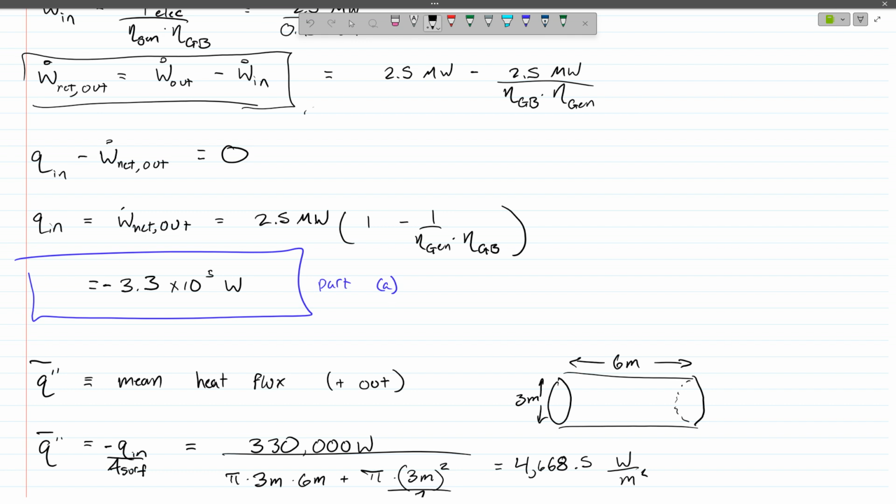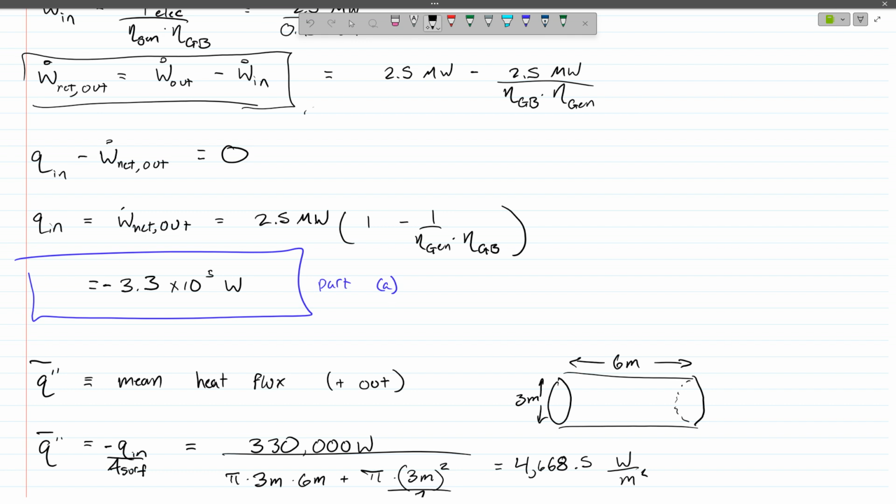Okay, so we kind of worked from the mechanical side forward here. The question is, now that we have a target for this heat flux, and we know how much heat we have to dissipate, how do we actually get that thermal energy out at that rate?